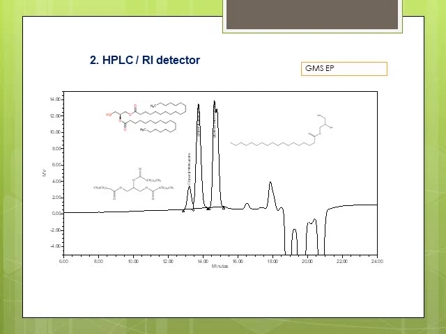So in this case, we have the tri-substituted, the small peak around 13 minutes coming first, followed by the next large peak around 13 and a half. These are diglycerin, glycerin distearate, and the last peak, which kind of looks like a doublet, is Glyceryl Mono-stearate.